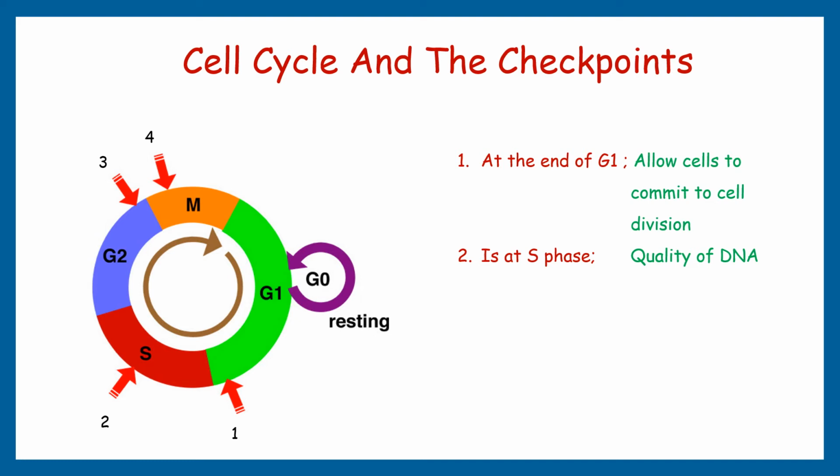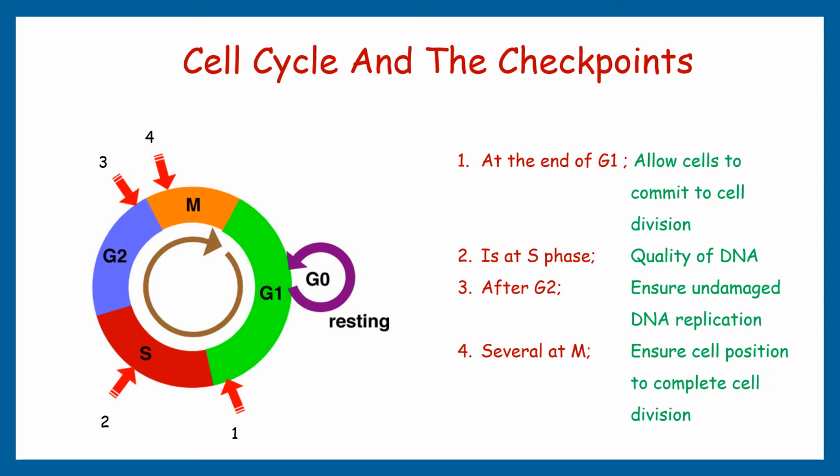The third checkpoint is after G2, and its purpose, again, is to ensure that the DNA has been replicated completely and is undamaged. Finally, there are several checkpoints within mitosis to ensure that the cell is in a proper position to complete cell division.